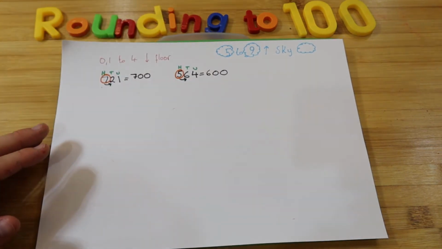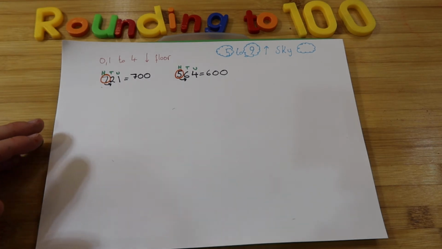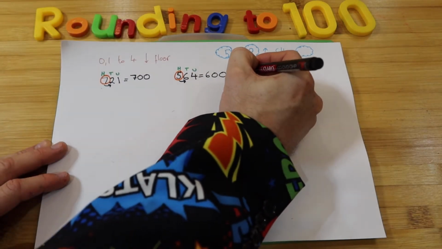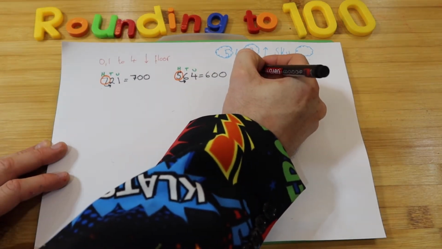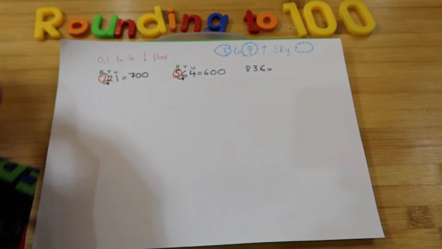Now usually in your class you may come up with questions like this, but talking about test questions, they will try to make the number bigger than 100, so it might be a 4-digit figure, and we'll work towards those as well. If we have 836, okay, let's put our place values in there.